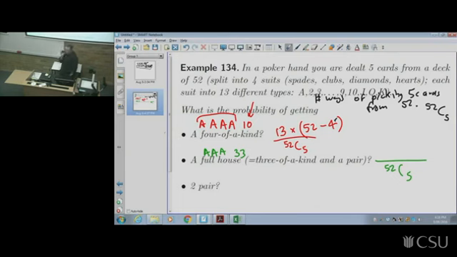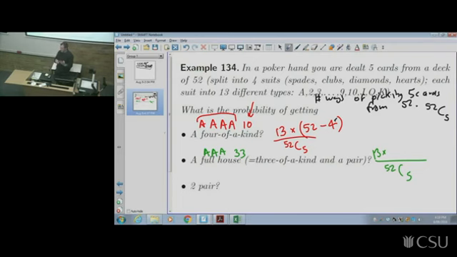First of all, you have to pick what you want for the 3 of a kind part. How many choices do you have for the 3 of a kind? 13. Now, unlike the 4 of a kind, I'm going to pick only 3 cards. I'm not going to pick all 4. So I've got to pick 3 different suits.